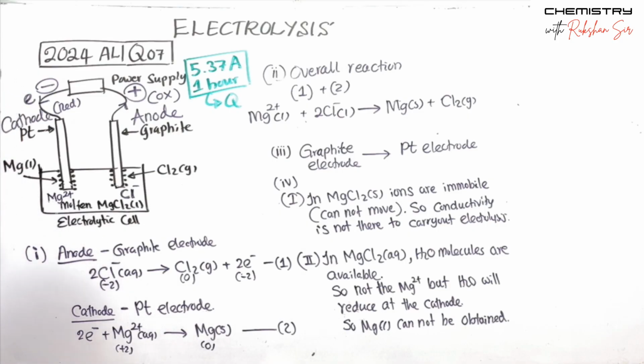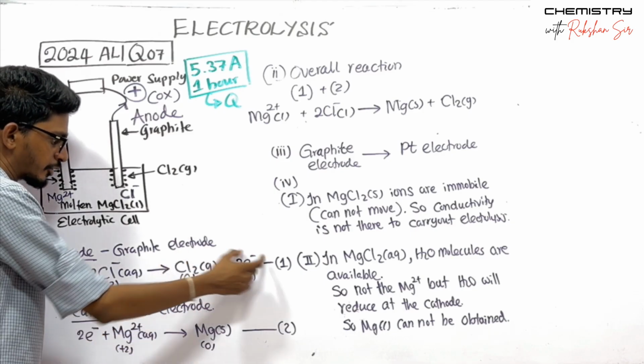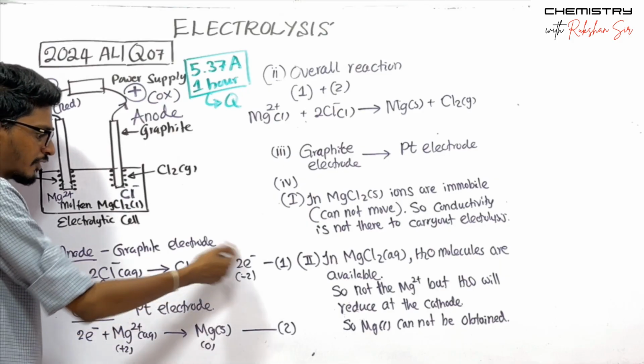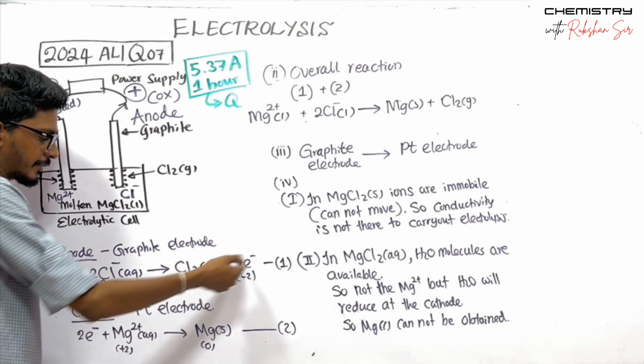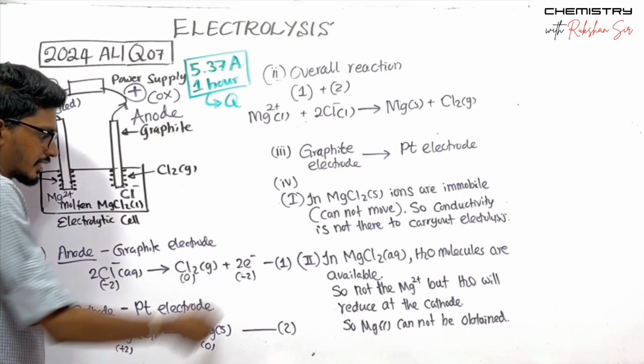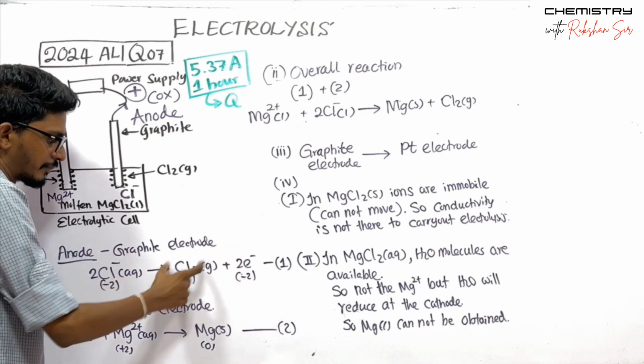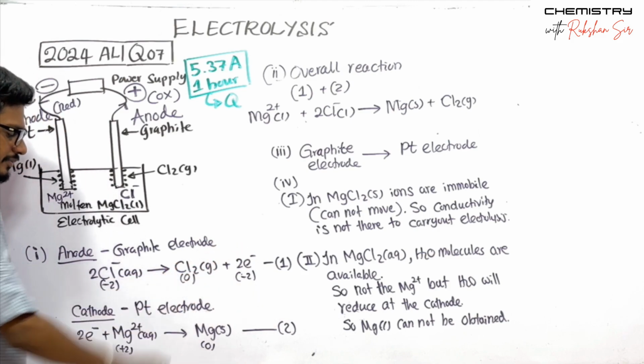That moles of electrons will be related to the moles of chlorine gas. Half the amount of chlorine gas will be produced, compared to the number of electron moles.